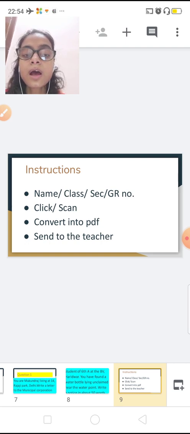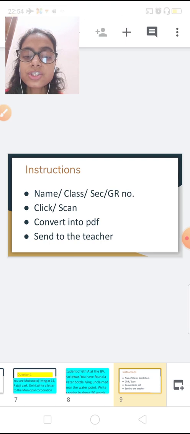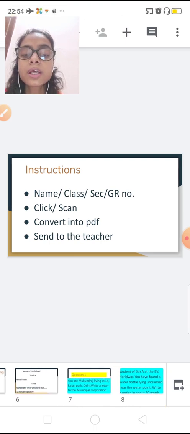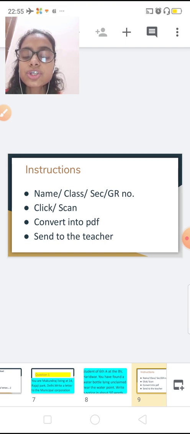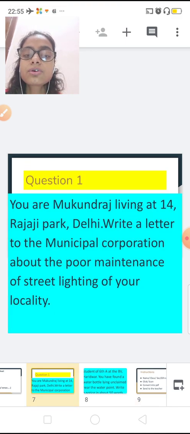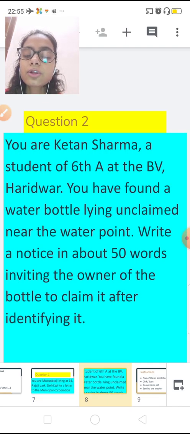Okay students, I hope you all understood how to send it to the teacher and what the questions are. Just keep in mind, you have to mention the question also before writing the solution. On the top, first mention the question, this is your question number 1, then write the letter, then write question number 2, then write the notice.